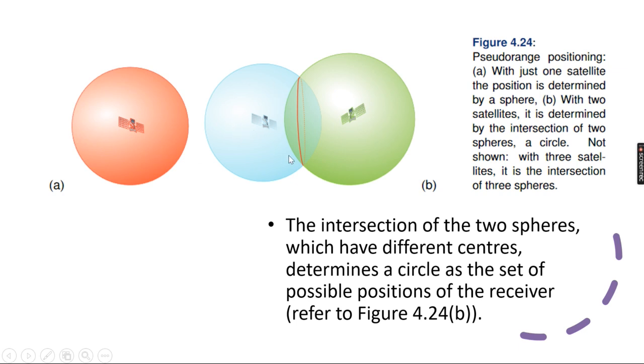Now, if we take the readings of another satellite, then the spheres of the two satellites will coincide with each other, and these are the points where they coincide. So, these are the points if it's two-dimensional, but if it's three-dimensional, then we will get a circle of this type. So, this type of circle will be the intersection of two spheres of the satellite pseudo range.